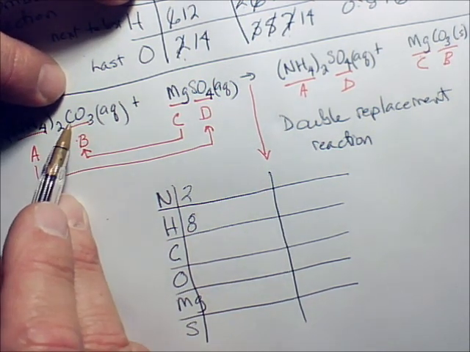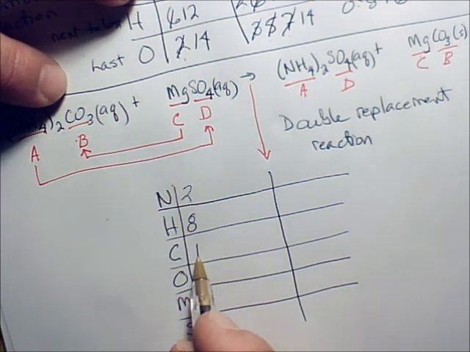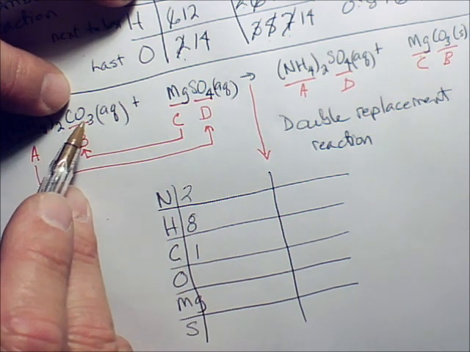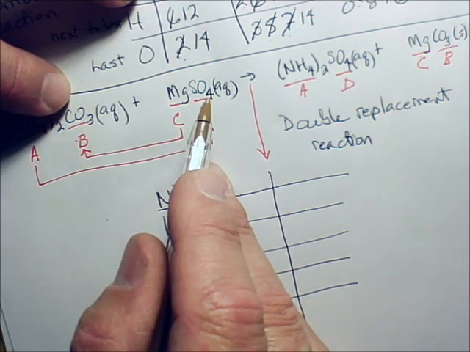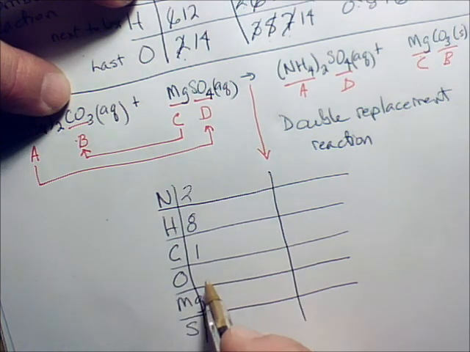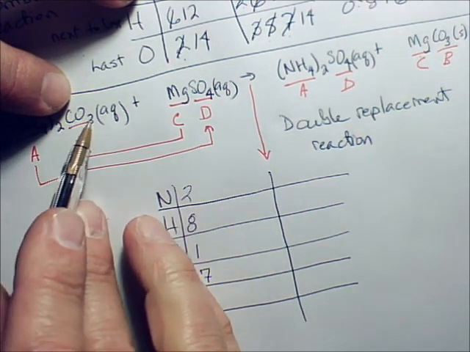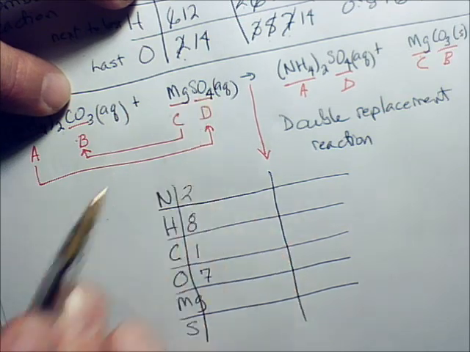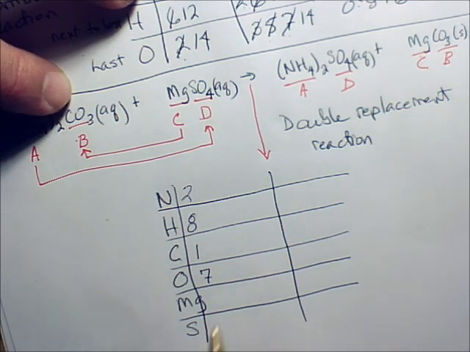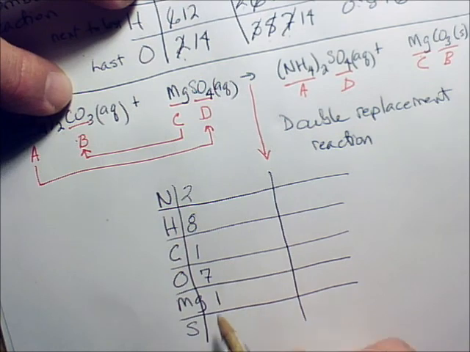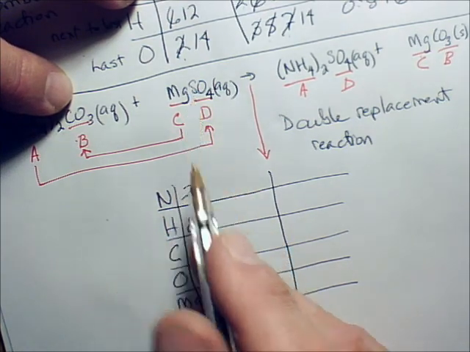There are no coefficients after the carbon, that means I have 1, and there are 3 oxygens here, but there are 4 more over here, for a total of 7 oxygens. 3 oxygens plus 4 is 7. And I have 1 magnesium and 1 sulfur.